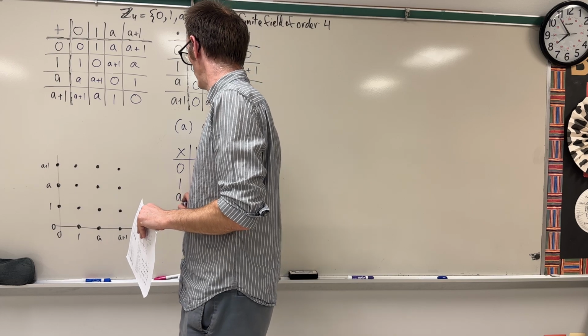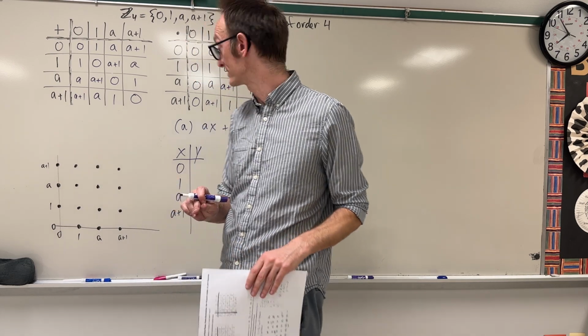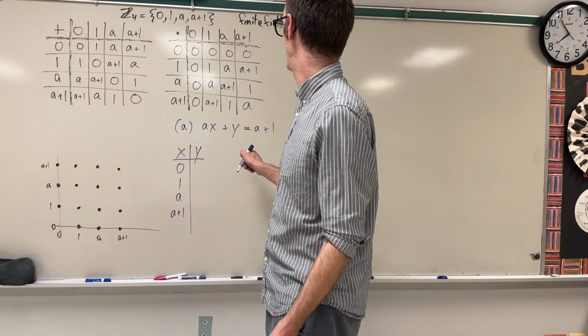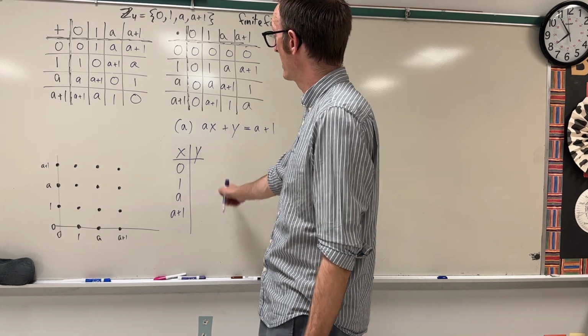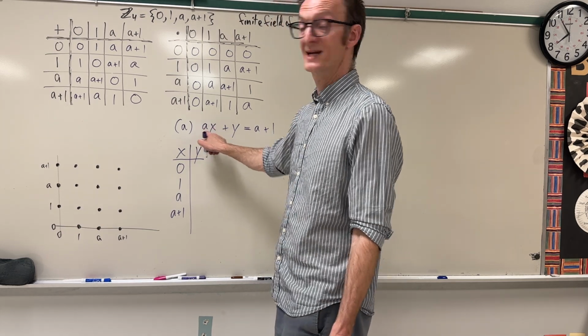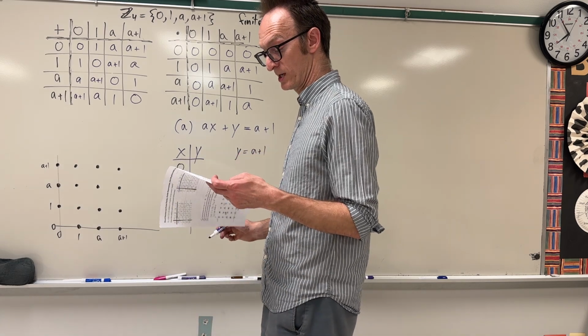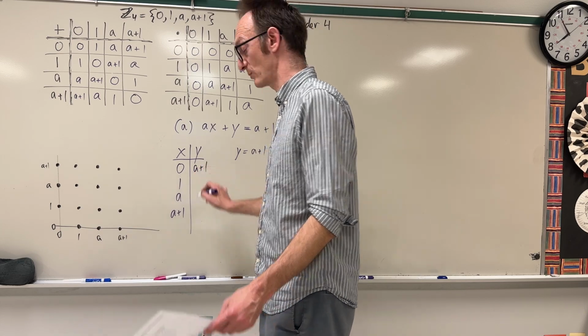I'll just go through the 4 possible x values and figure out what the corresponding y value is. Okay, so being kind of careful now, what should we do? We should plug in 0 for x. If we plug in 0 for x, a times 0 is 0, and so you just get y equals a plus 1. So that one was pretty easy. We just get a plus 1.